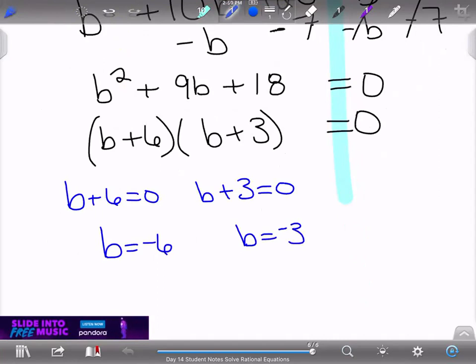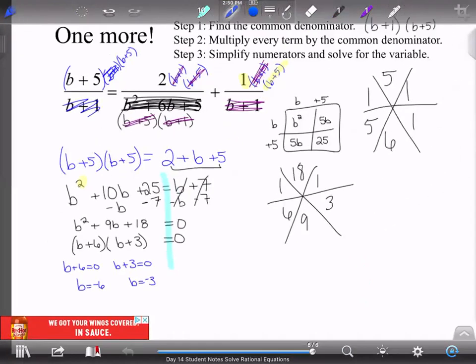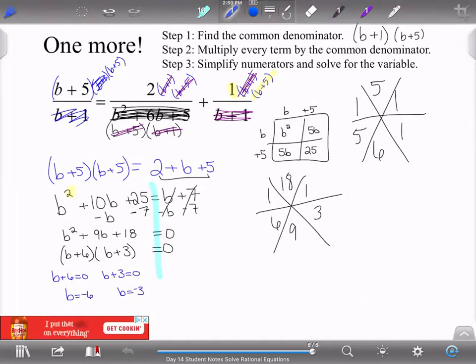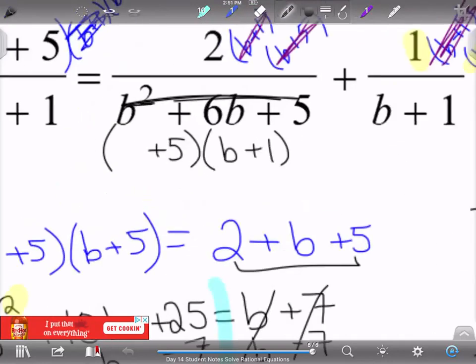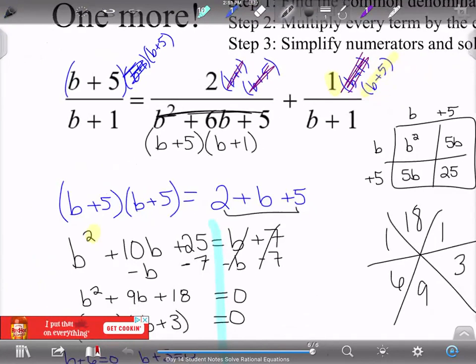Now, like I said last time, because we got two solutions here, we need to go back and make sure that if we plug either one of those into our least common denominator, that nothing's going to equal 0. Or we can just look at the individual terms down at the bottom.